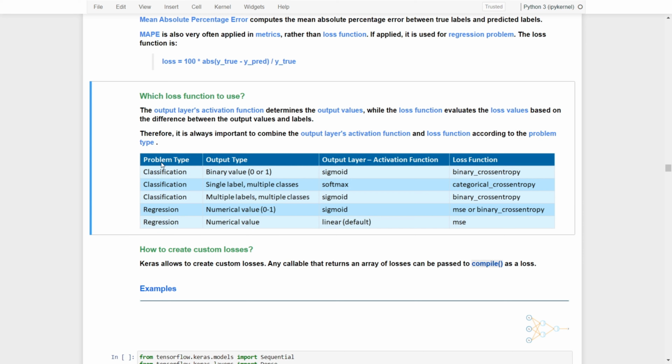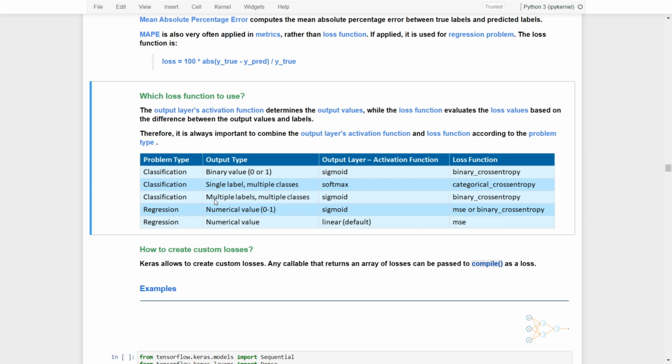Say, for example, if we have a classification problem with binary output, and in the output layer we have the sigmoid activation function, then in that case, we need to use the binary cross entropy. However, on the other hand, if we have a single label, multiple classes, in that case, the output layer is the softmax activation function. We need to use the categorical cross entropy.